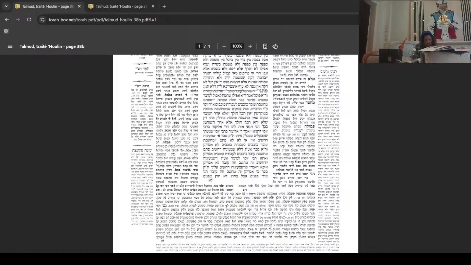Okay, an excellent first try, but now I want to read every single word and translate it. Hashochet, the slaughterer. Es habehema, of the animal. Lizrok, to throw. Dama, its blood. La'avodas kochavim, to worshippers of stars, or to idolatry. Excellent.